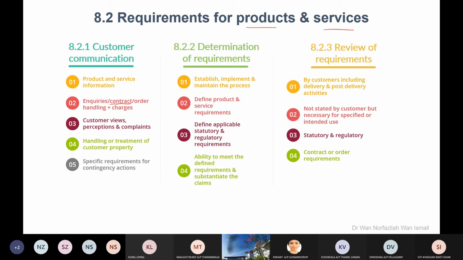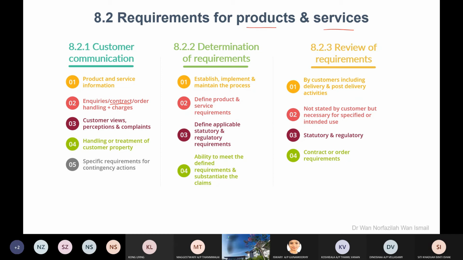That can also be in the contract. Order handling, charges, inquiries, invoice. Customer views, perceptions and complaints are also part of the communication between your laboratory and the customer. What are the customer's views about your product and services? And what are their perceptions? Because from these perceptions, you can improve your products and services in order to gain more customers.